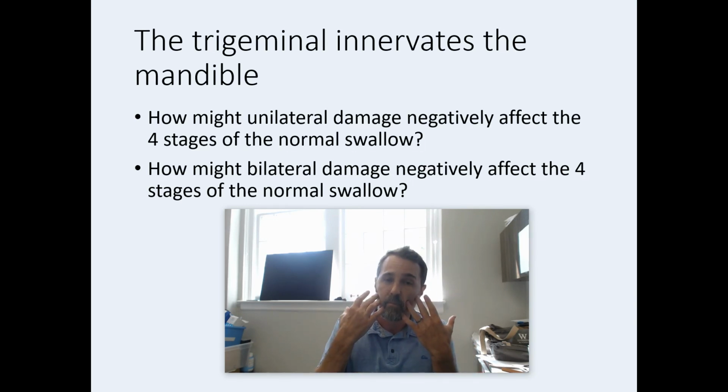Bilateral damage, in a severe case, the mandible is going to be hanging low and open, and the patient may not be able to raise their mandible at all. In a more mild situation, their mandible just might be very weak, and they just might not be able to chew as well. So they may need a puree diet in a more severe case, or just a softer diet in a less severe case.